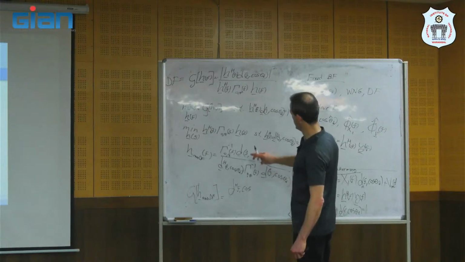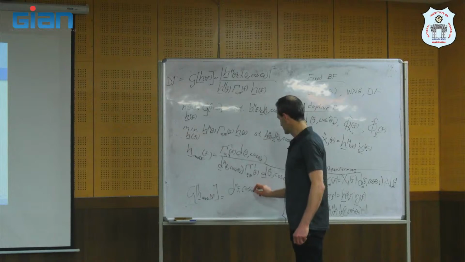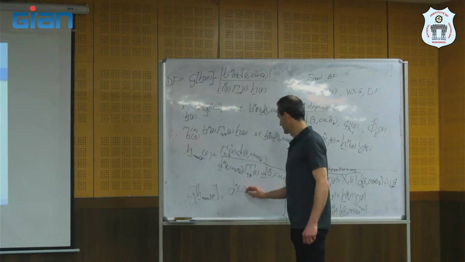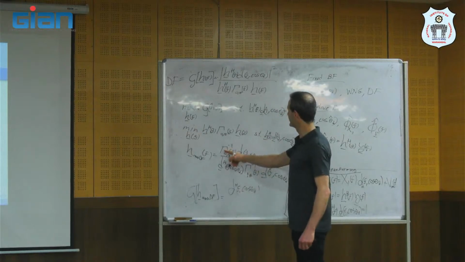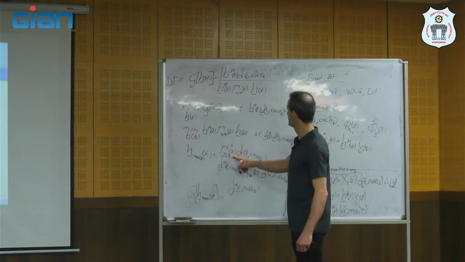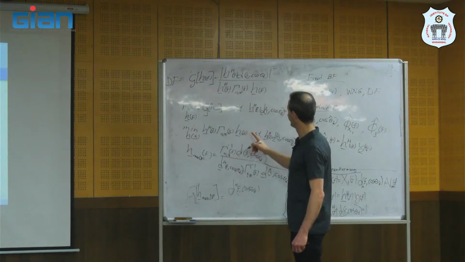So if I put it here, cosine theta d, d h, gamma minus 1.